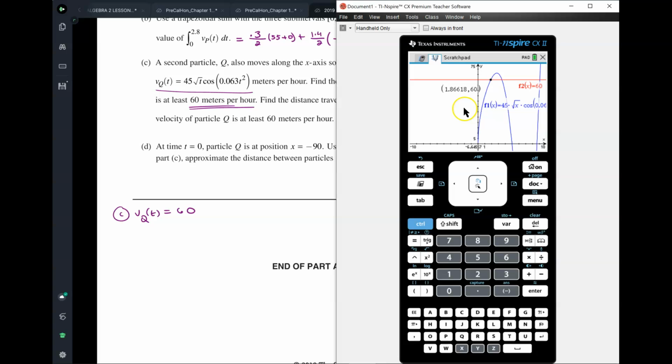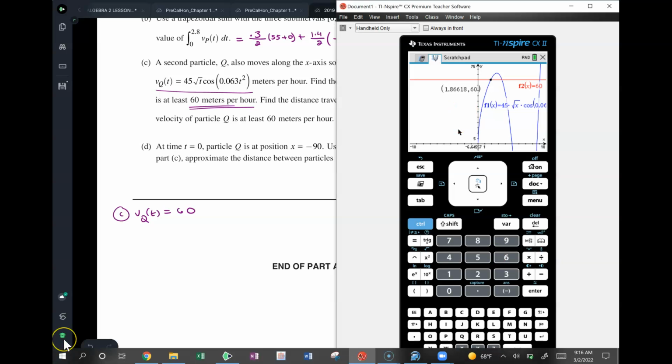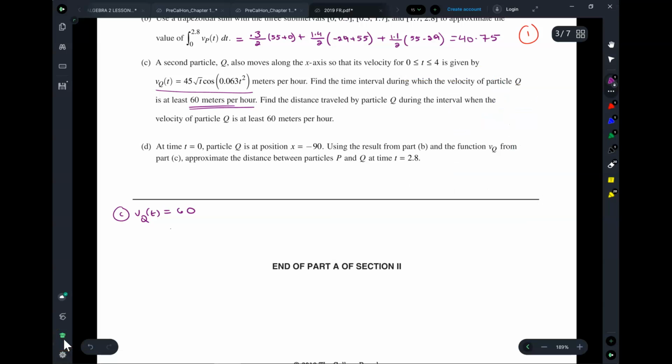So the first point is at 1.886. So you say this is equal to 60 at t equals 0.661 or 0.662, and t equals 3.5191 or 92.